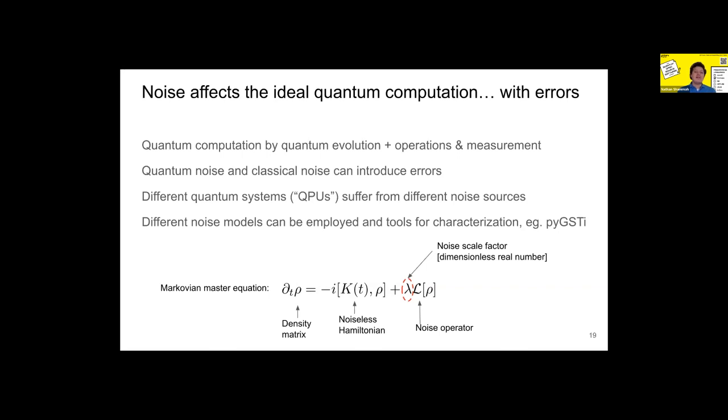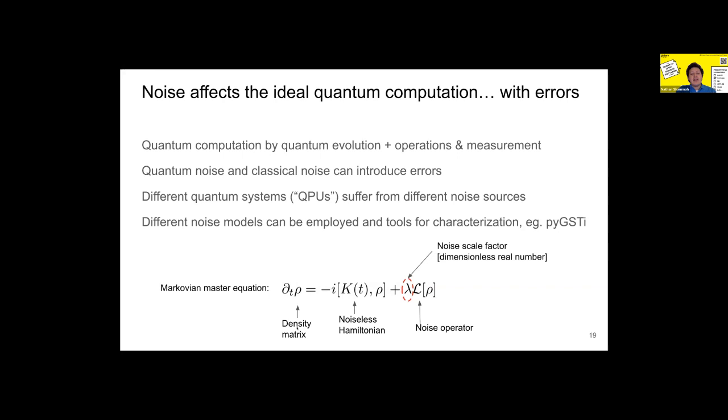Quantum noise and classical noise can introduce errors, and different QPUs, quantum processing units, which at the core level have different quantum systems, suffer from different noise sources. So different noise models can be employed, and tools for characterization like pyGSTi or QuTiP-QIP can be used to study noise and how it affects quantum computation.